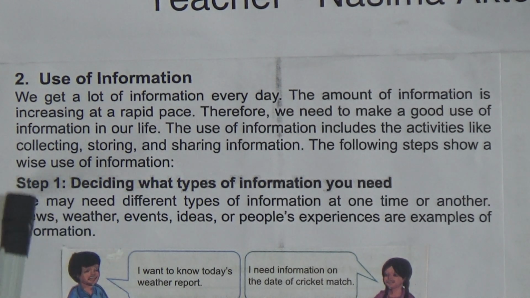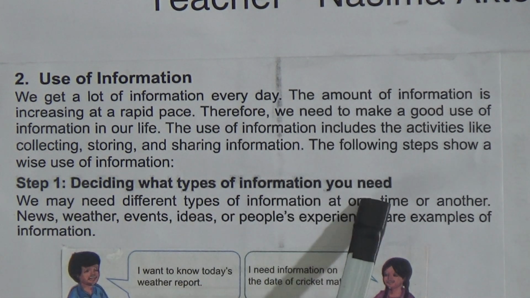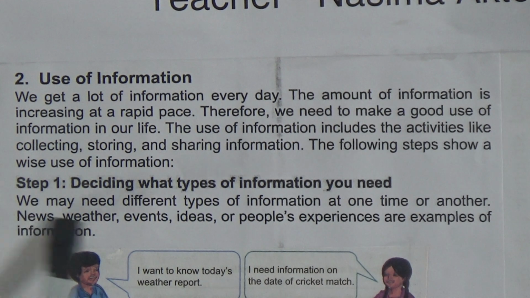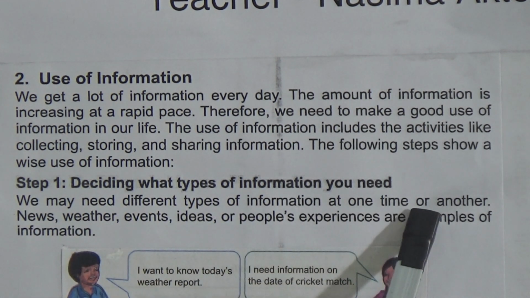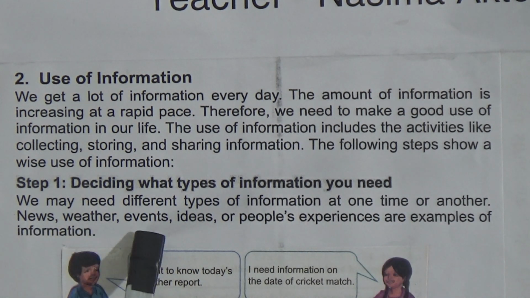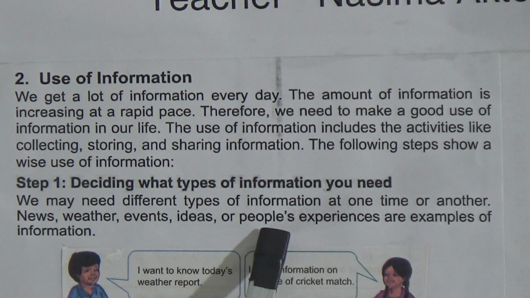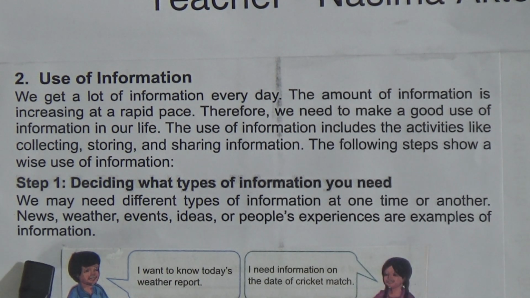Now we will read step 1. Deciding what types of information you need. We may need different types of information at one time or another. News, weather, events, ideas or people's experiences are examples of information.